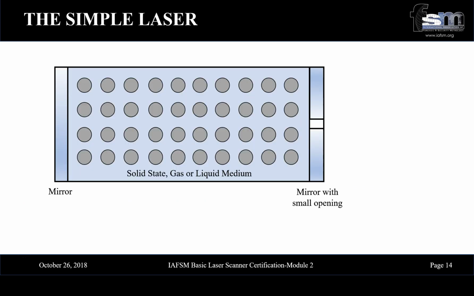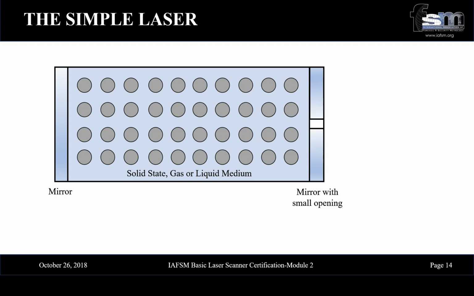light. Okay, let's talk about the simple laser and how a simple laser might work. Now, this is not completely technically accurate. There are some exceptions, and there's a lot of little caveats here, but this is a good, I think, basic explanation of how a laser might work. So what we start with here is a chamber.